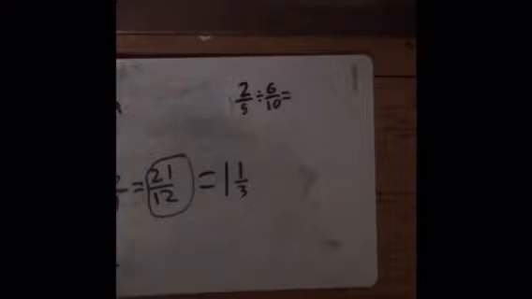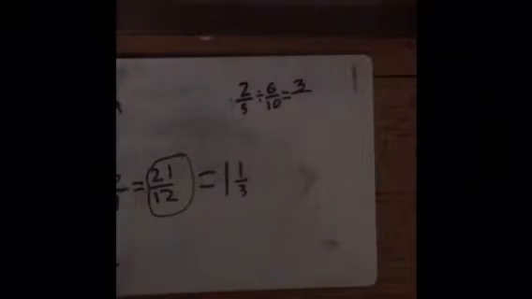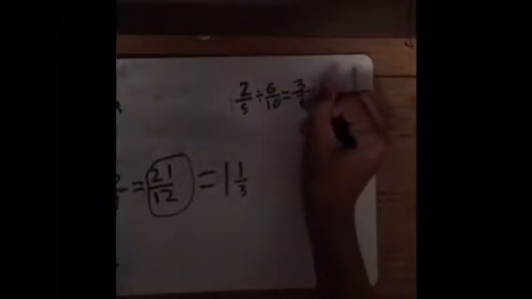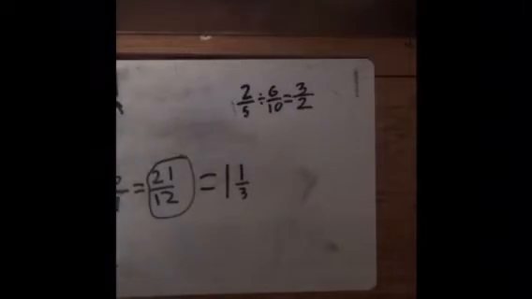You ask yourself, how many times does 2 go into 6? It goes in 3 times. And how many times does 5 go into 10? 2 times. So your answer is 3/2.